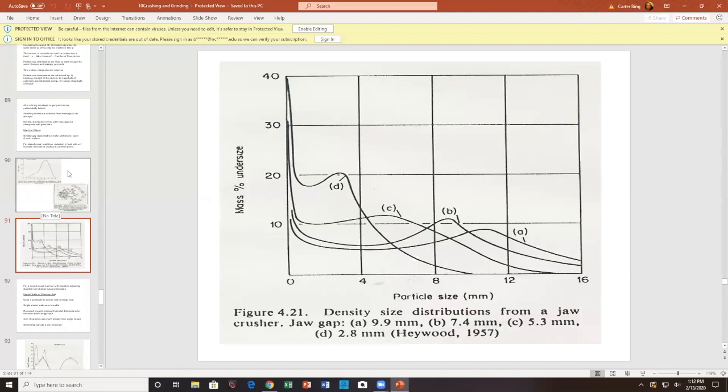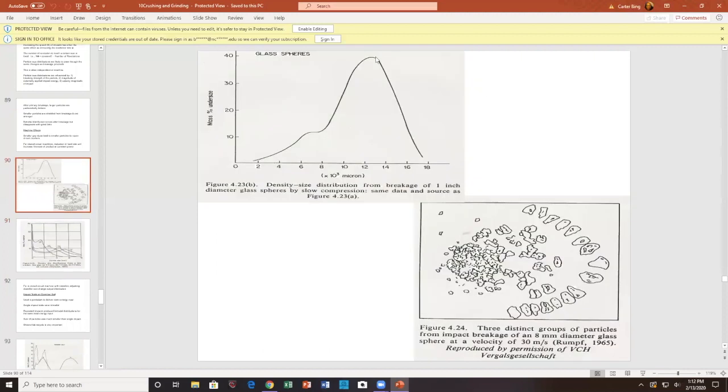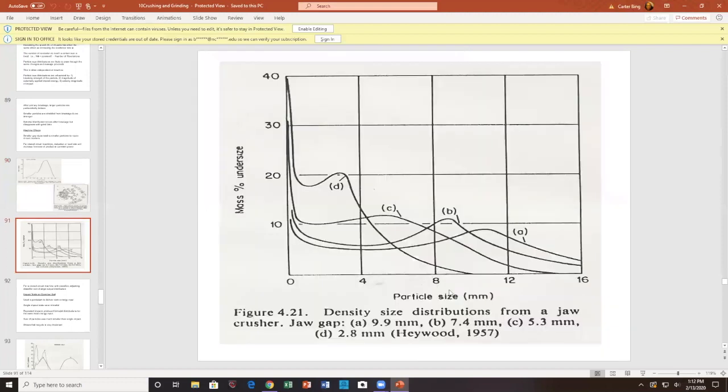This is kind of interesting. We have our old friend, our old picture, fines, intermediates, and you'll see this is the size distribution for a jaw crusher. It's a function of the gap or the opening. A 9 millimeter gap lets 9 millimeter particles pass through. So there you'll be right around in there. Then 7 millimeters, then 5.3 millimeters, you're there.